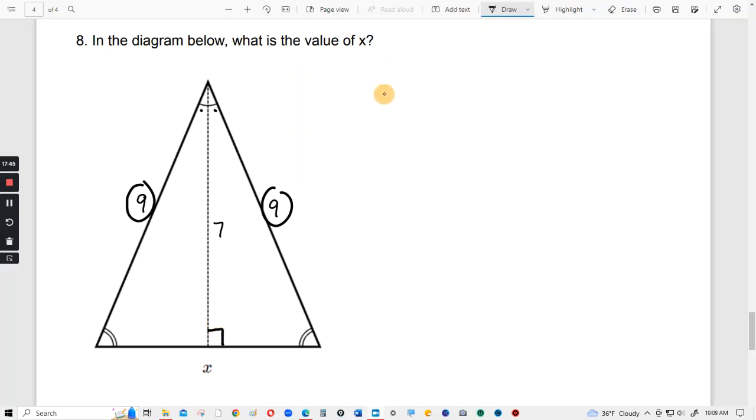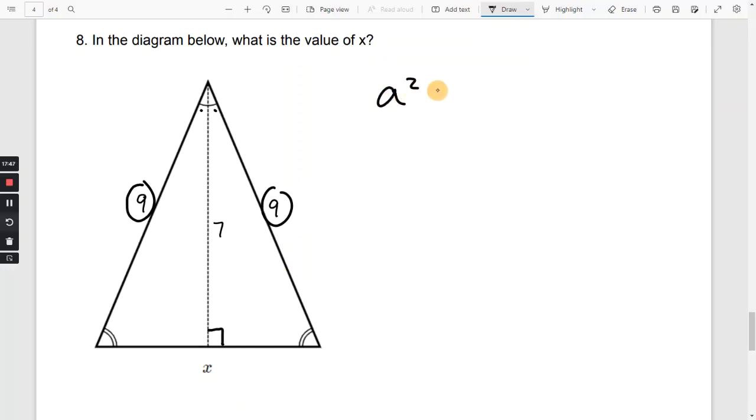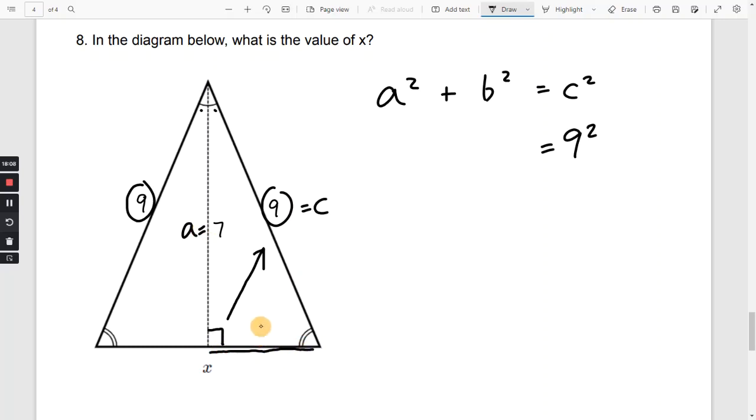Anyhow, we're going to do Pythagorean theorem. Okay, go across from your right angle, and that's always going to be C. So C squared is 9 squared. The other sides, it doesn't matter. I'll let A equal 7, and I'll let this piece, just this piece here, equal B. So A is 7, A squared is 7 squared, and B squared is just B squared.